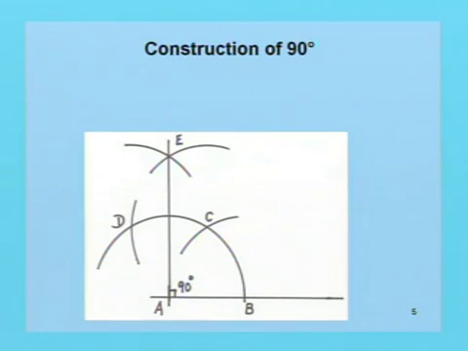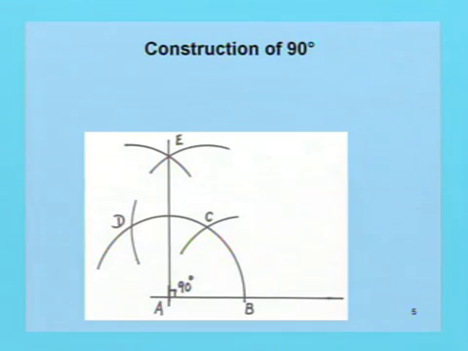Construction of 90 degrees. Similar to the first two, center A and a suitable radius, draw an arc through B. At B, same radius, draw an arc at C. Center C, draw another arc to cross the first arc at D. So the angle moving from B to C to D would be 120 degrees.